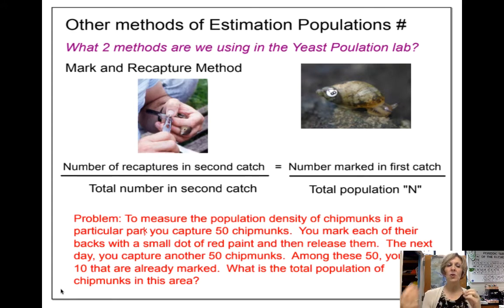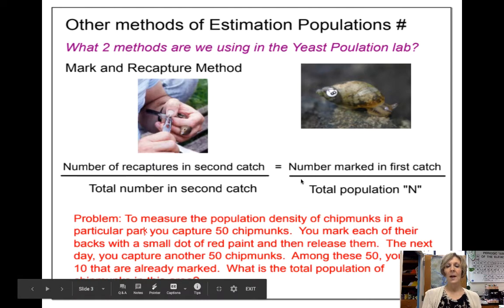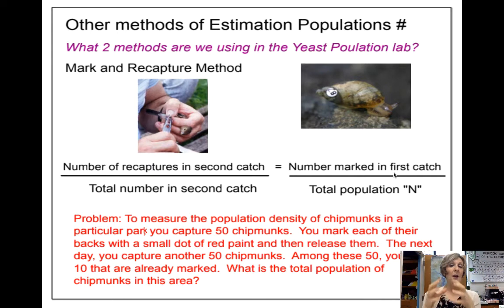You know the number of organisms that you have caught and marked, and then at some point you go back and do a second catch. Then you look at how many of the second catch organisms also had the marks that you put on. Then you can set up a ratio and calculate the total population number, which is what you're trying to find, N.